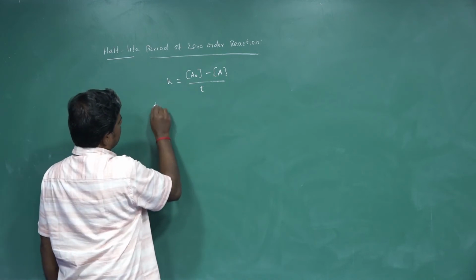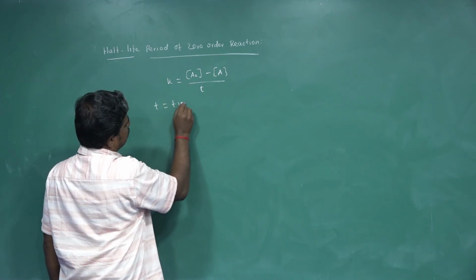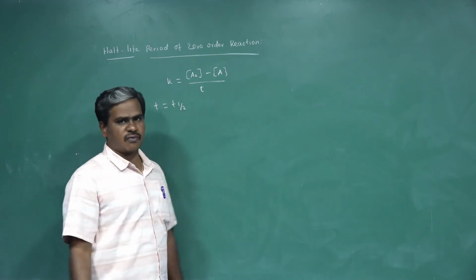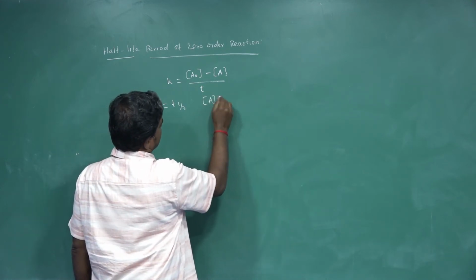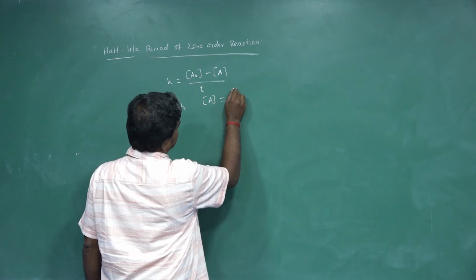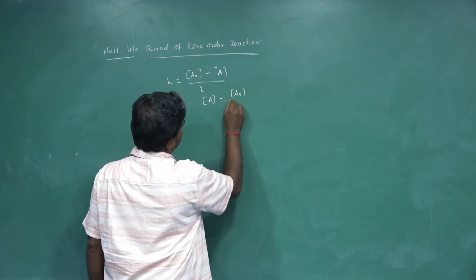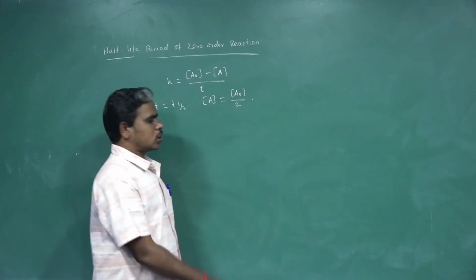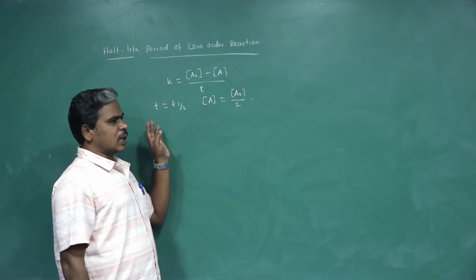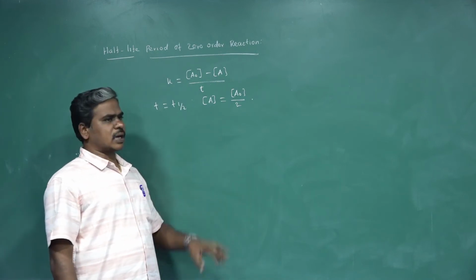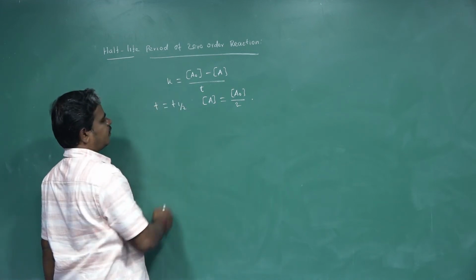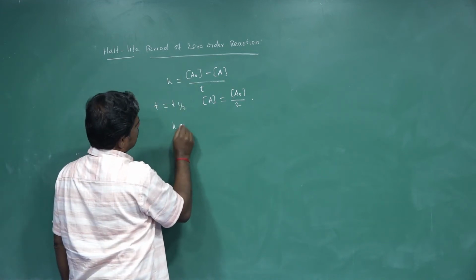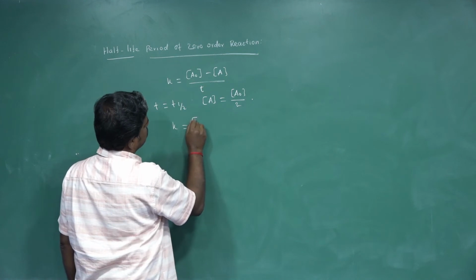Now here we take t equal to t half, the half-life period, and [A] is taken as initial concentration by 2. So you know that the time required to disintegrate one half of its initial concentration is nothing but the half-life period.